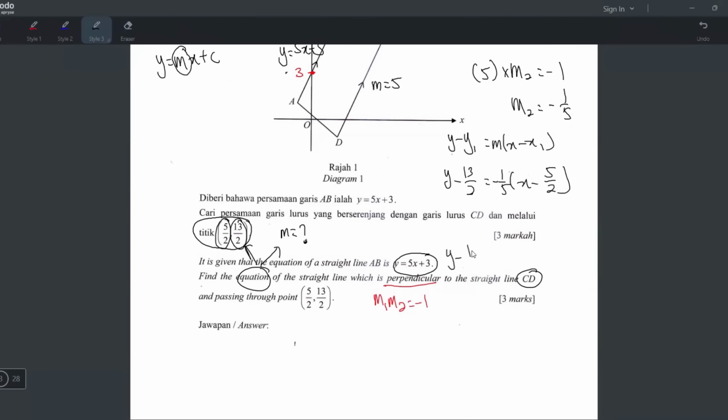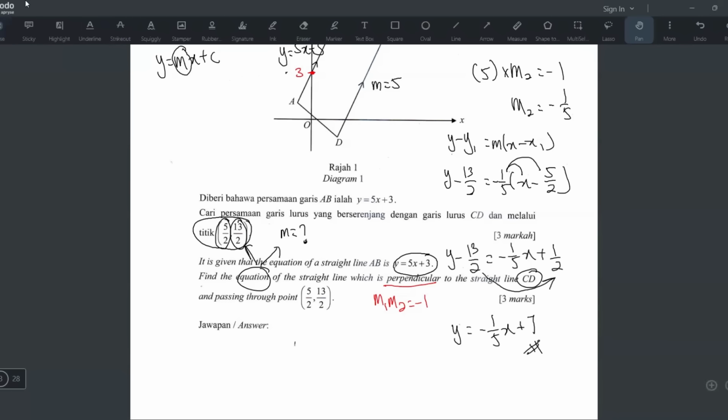So it becomes y minus 13/2 equals -1/5 times x, which is -1/5x. Negative times negative gives you positive, 1/5 times 5/2 is 1/2, because the 5 cancels. Now the -13/2 needs to go over there. So y equals -1/5x, plus 1/2 plus 13/2, which is plus 14/2, and 14/2 is 7. So that is the final answer.